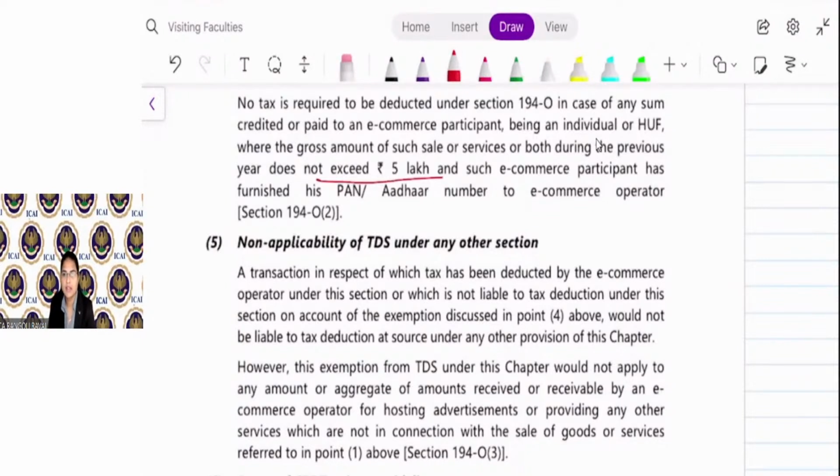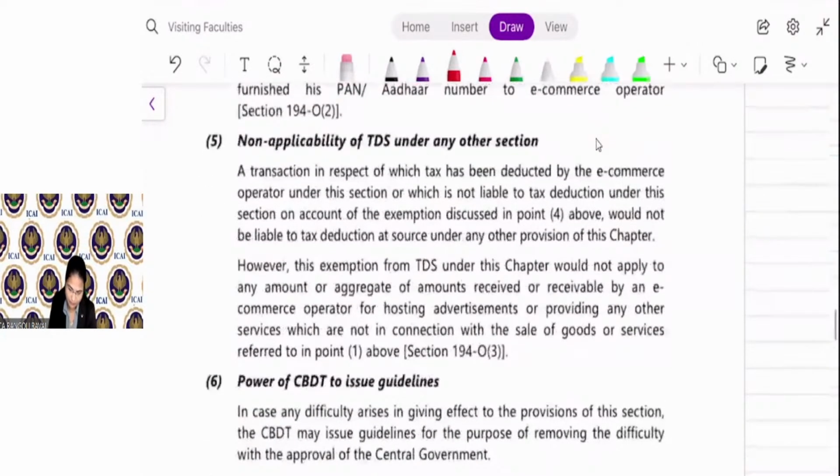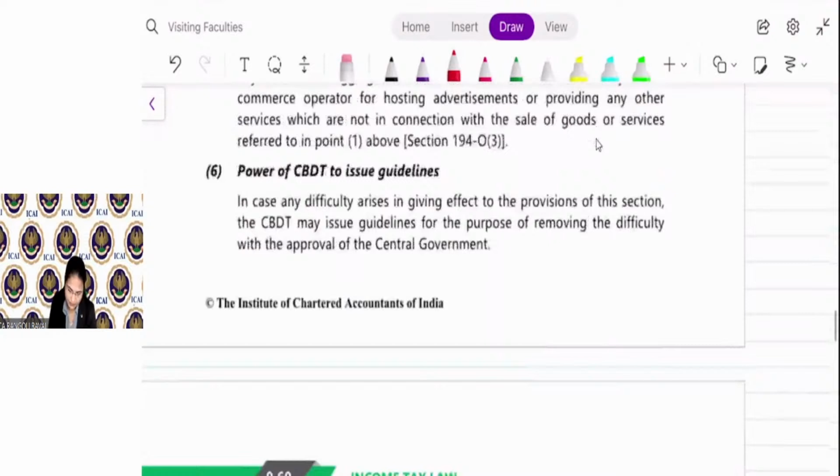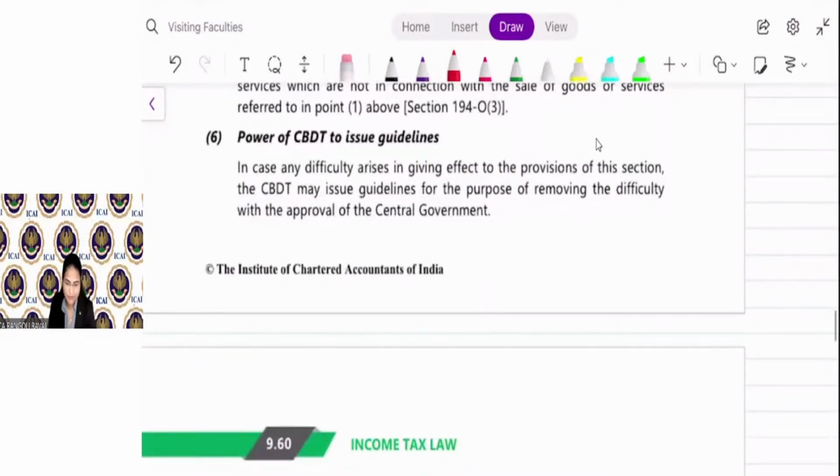Okay, if 194O is applicable, then other sections are not applicable. Power of CBDT to issue guideline. To remove the difficulty, CBDT, that is Central Board of Direct Taxes, may issue guidelines for the application of this section.